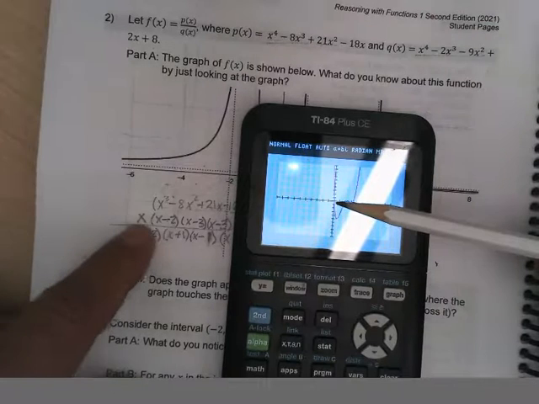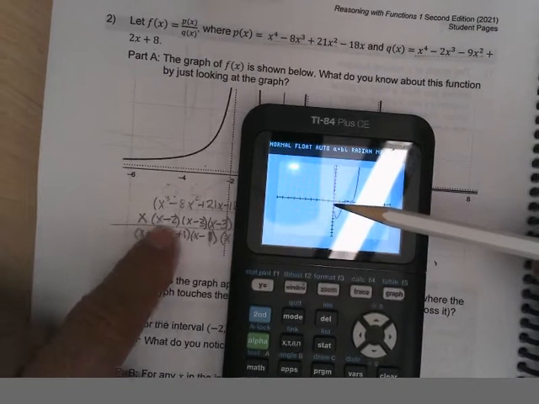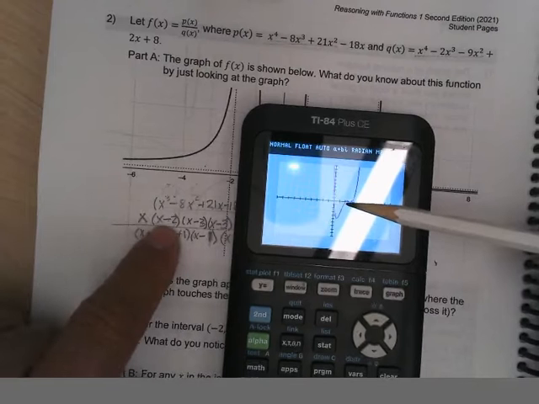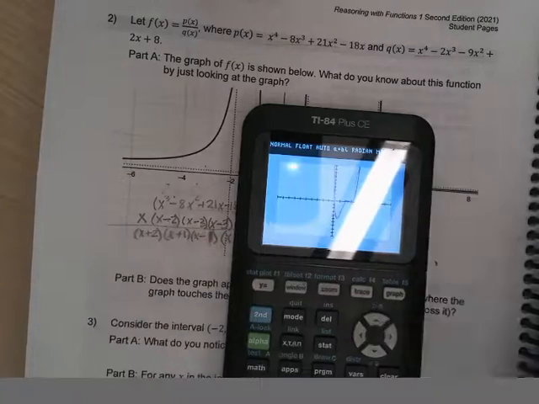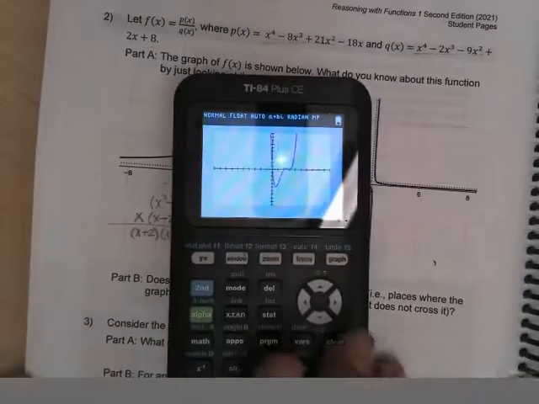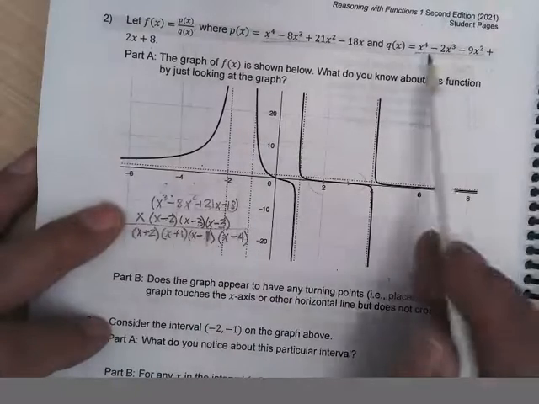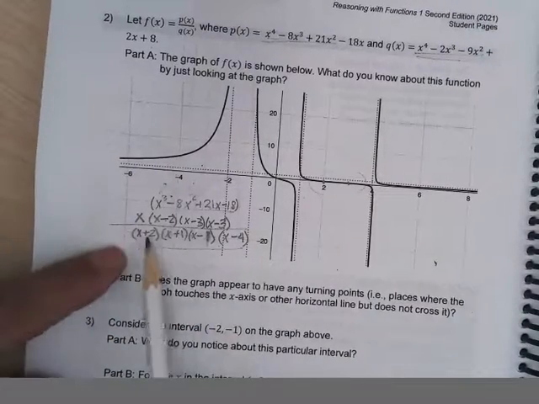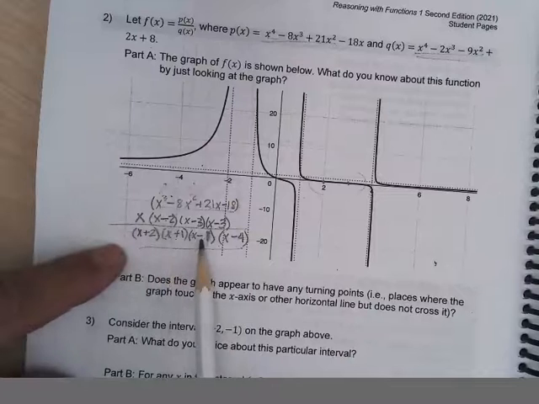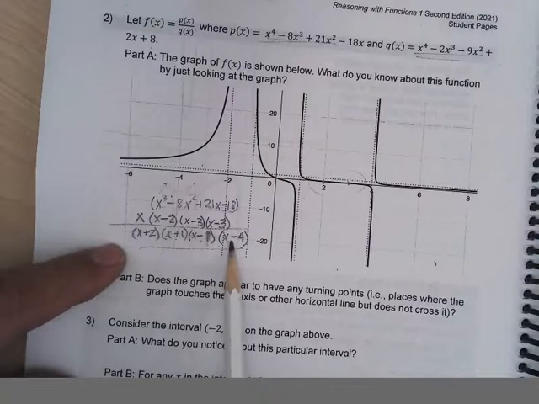It goes through 0, so x is one of the factors. It goes through plus 2, so x minus 2 is a factor, and it bounces at positive 3, so x minus 3 is a factor twice. That's using the calculator. And if I type this one in, I should get this as the factors, going through minus 2, minus 1, plus 1, and plus 4.